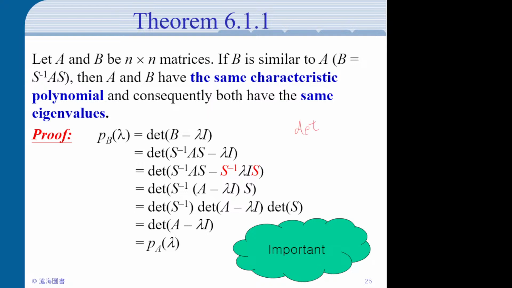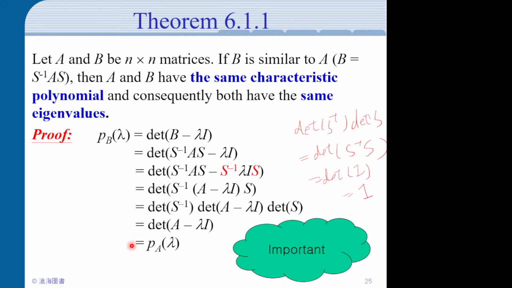So these two terms together, the determinant of S inverse and the determinant of S, equal the determinant of S inverse S, which is the determinant of the identity, and this is equal to 1. So those cancel out. Then this is the determinant of A minus lambda I, which is the characteristic polynomial of A.